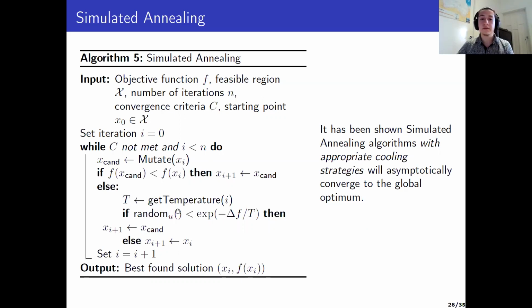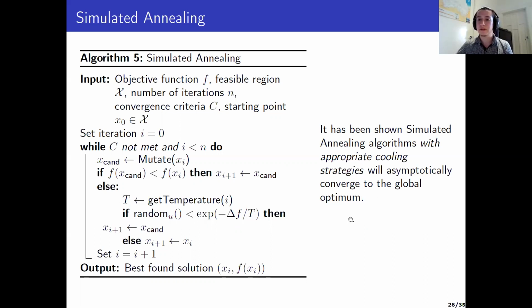And then if this value is lower than the probability that was shown previously, then I pick this candidate.